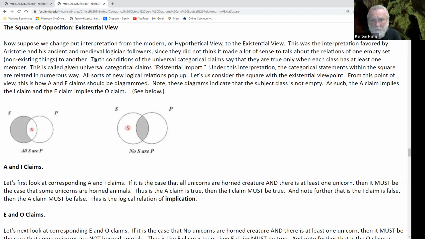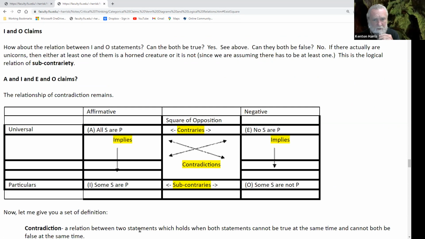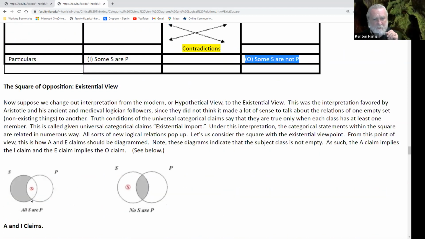So notice, this is a richer diagram, and it states more than the hypothetical depiction of the diagram, right? It's saying more. Well, on this interpretation, new logical relations appear in our square of opposition. But notice that A claim, let's go back to the A claim for a moment.